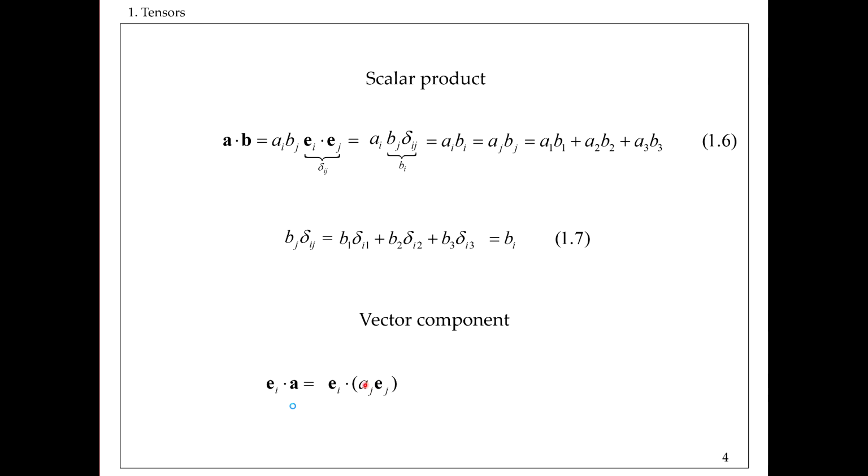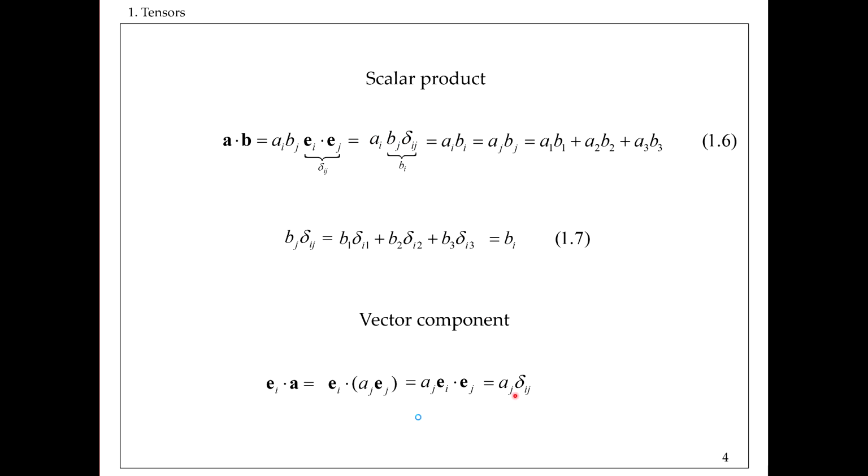So we can pull this AJ outside and multiply EJ, the dot product. This is by definition our Kronecker delta, so we can replace it with delta IJ. Then we can exercise our rules that we just described for when delta acts on some quantity.